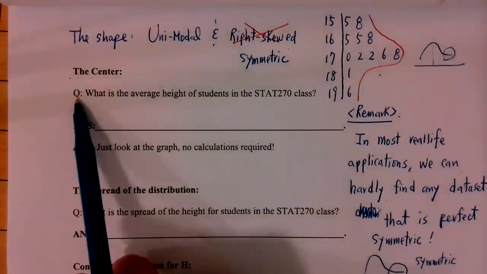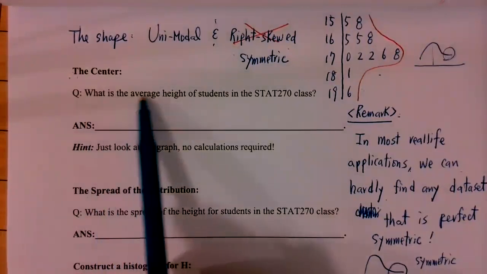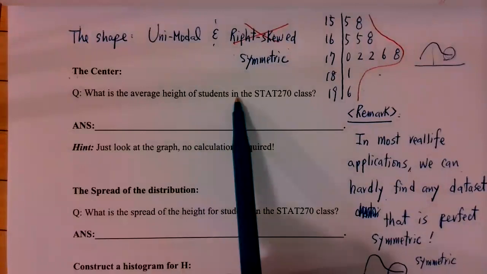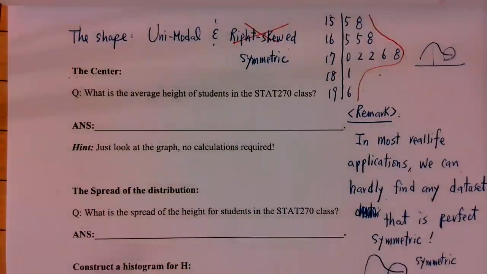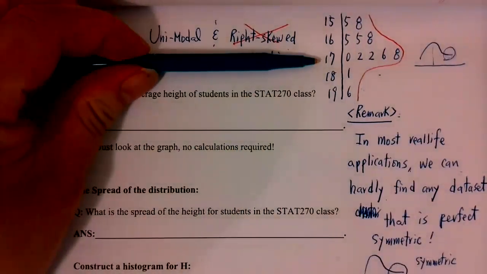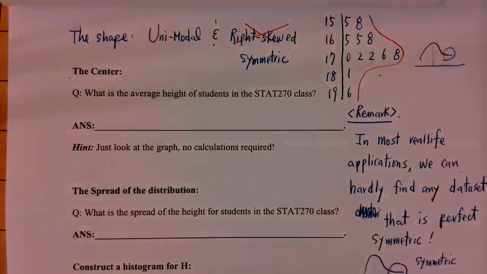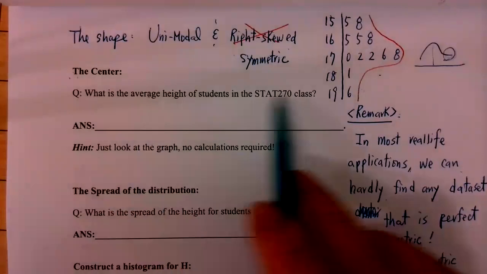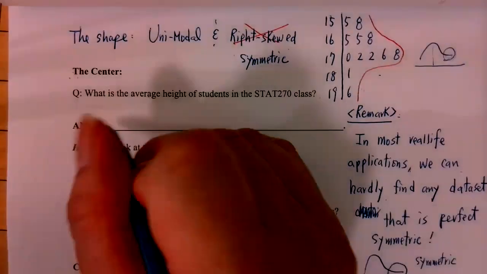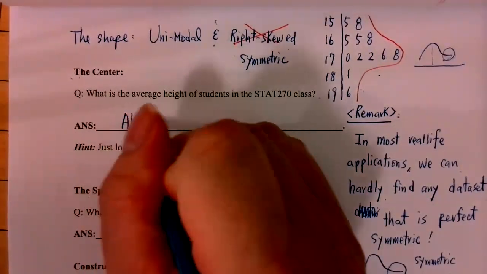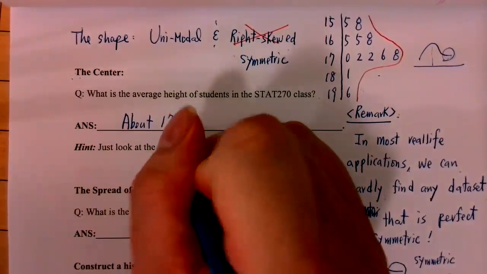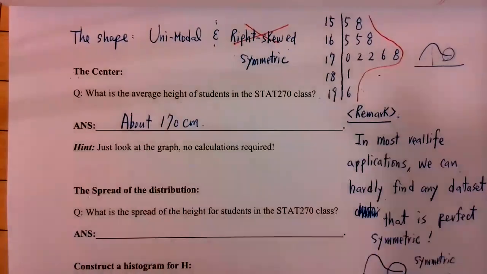A typical question to ask about the center is like this one. What is the average height of students in the STAT 270 class? If you look at here, very quickly you can find the center is here. Without any computational effort, you can say about 171 centimeters.